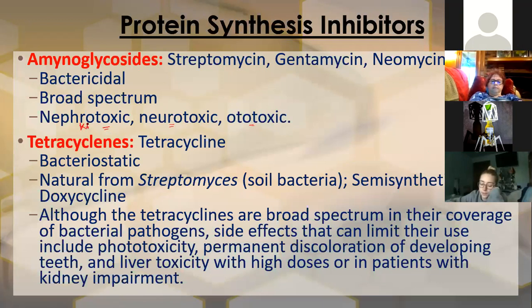Neuro means the nervous system, and ototoxic means it has an effect on the ear. The function of all these organs can be damaged by overusage or overdosage of streptomycin, gentamicin, and neomycin.